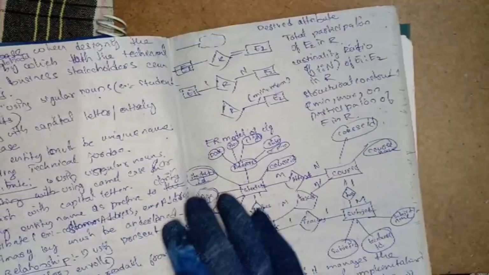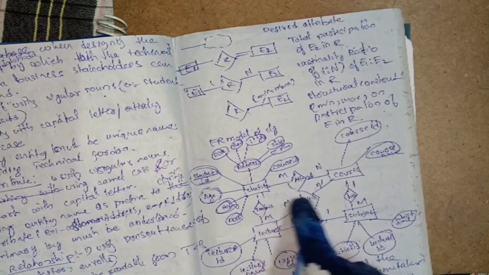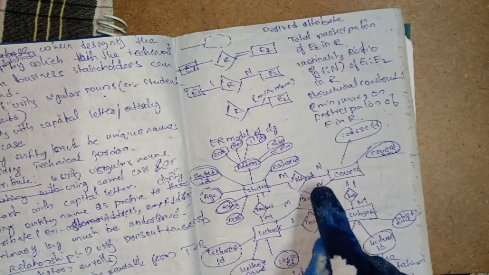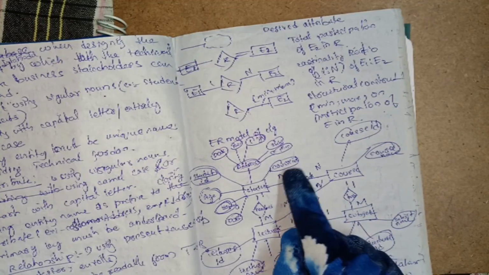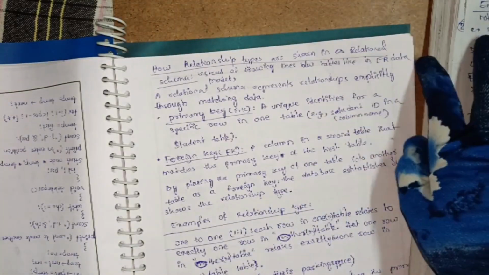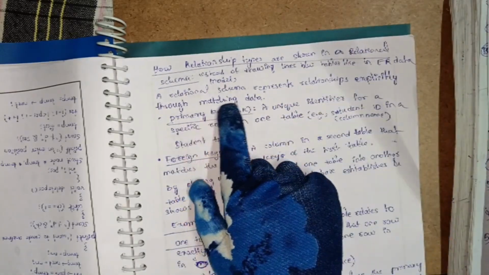Here in the ER model, we can see that these lines are representing the relationships, meaning this rhombus. Here, instead of that, a relational schema represents relationships explicitly through matching data.